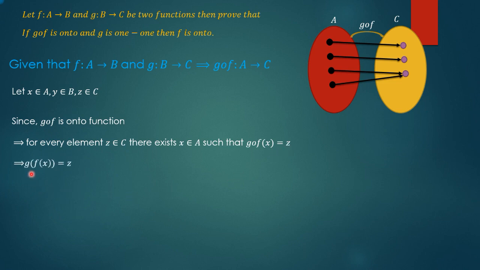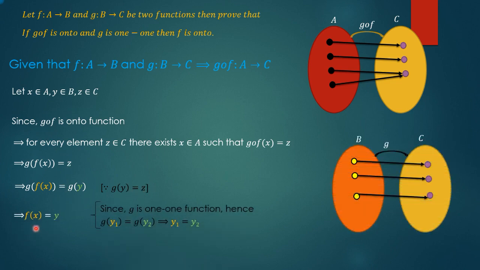Right, this is g of f of x is equal to z, and we can write z is equal to g of y, and this implies f of x is equal to y.